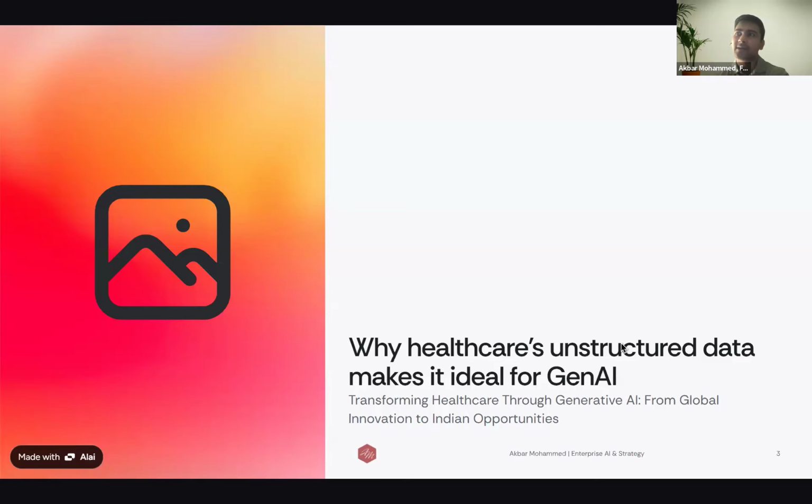You were still working with structured data, but over time we started to collect more and more information in the healthcare ecosystem. More of these things started becoming digitized, and now we have a lot of unstructured data that is available, if not for AI, at least for analysis. So this is being made available.